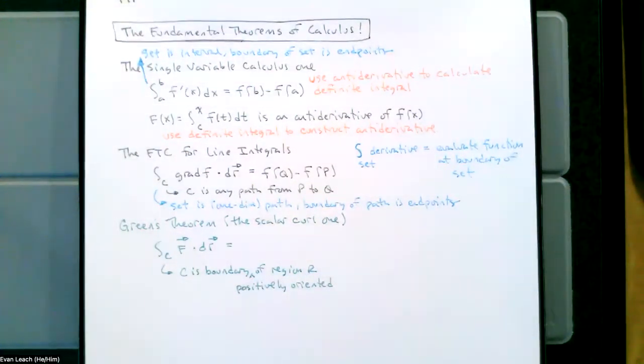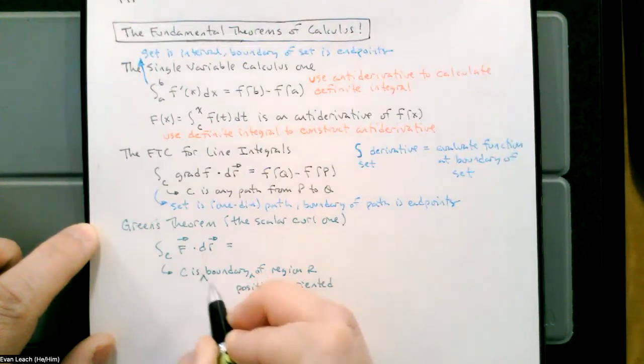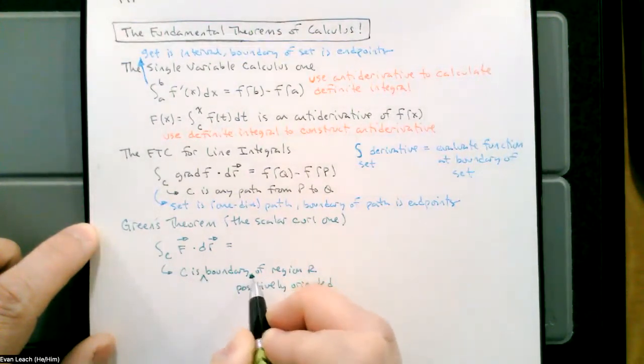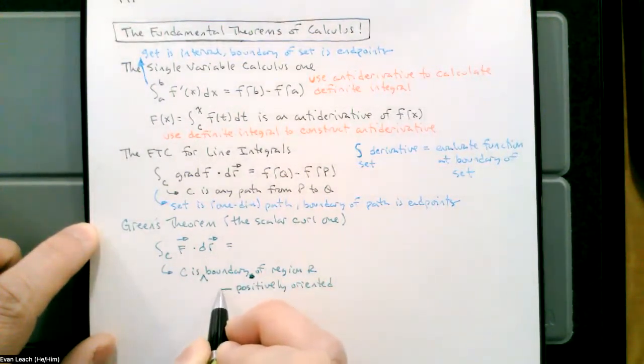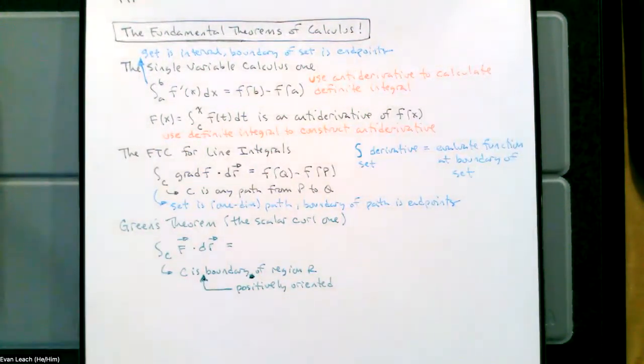So C is the positively oriented boundary. I should have said that first instead of boundary positively oriented. C is the positively oriented boundary of region R.